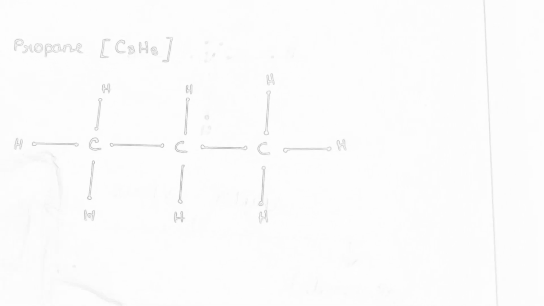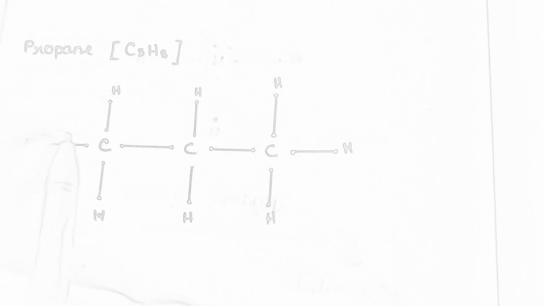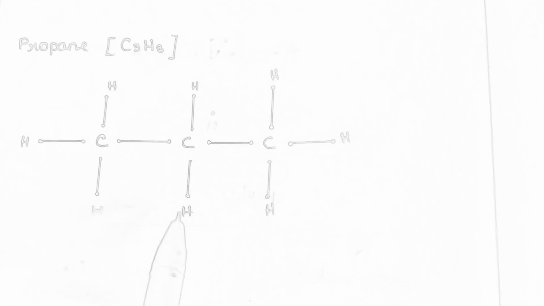Next we can see propane. Pro means 3 carbons, so 1, 2, 3, and H8. Let us count how many hydrogens there are: 1, 2, 3, 4, 5, 6, 7, 8. So there are 8 hydrogens.